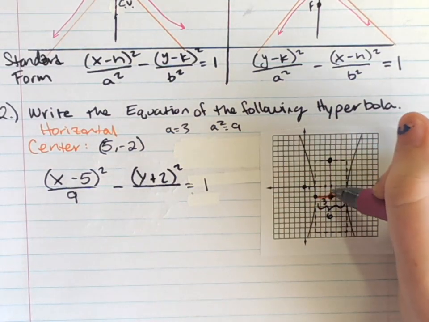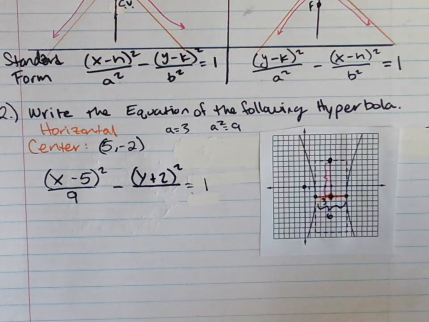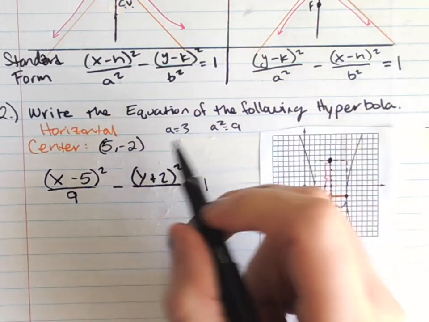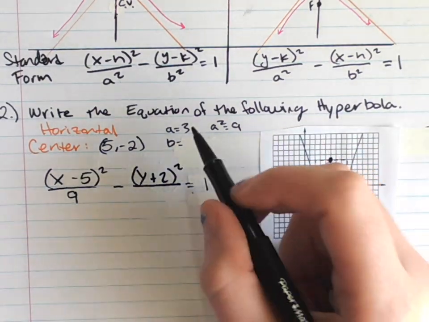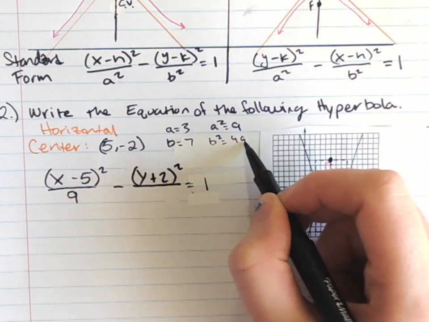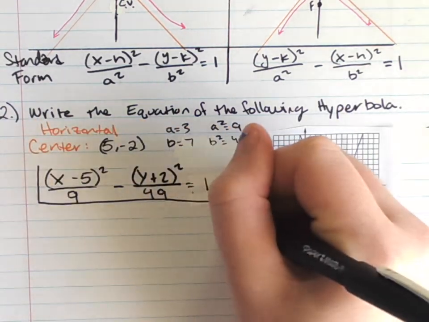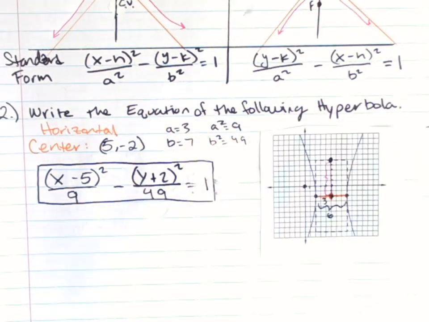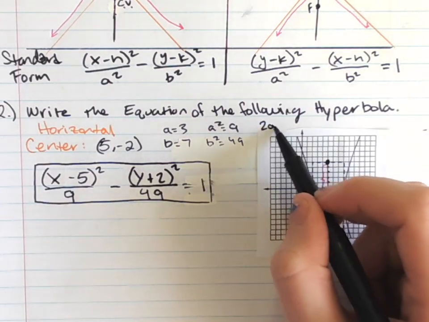What is the distance from here to here? So we've got 1, 2, 3, 4, 5, 6, 7. b, the distance between the center and the co-vertex, is 7. So b squared is 49. I'll put 49 there. These are a little bit easier than the last video. Great. So that was 2a.